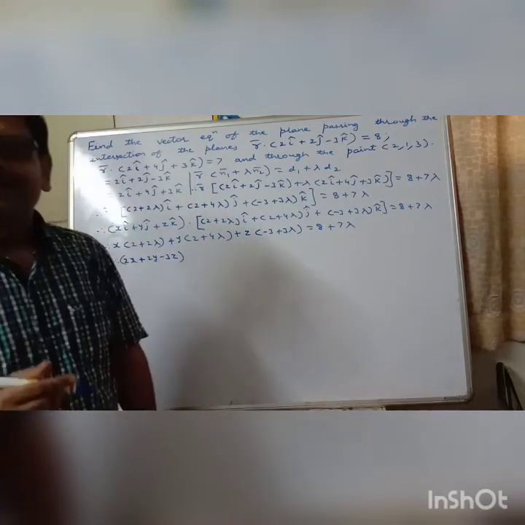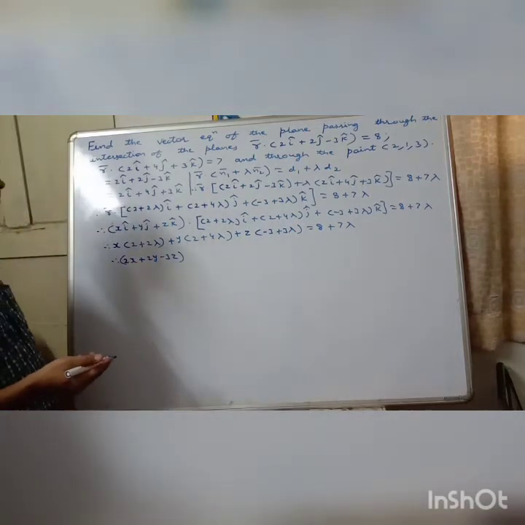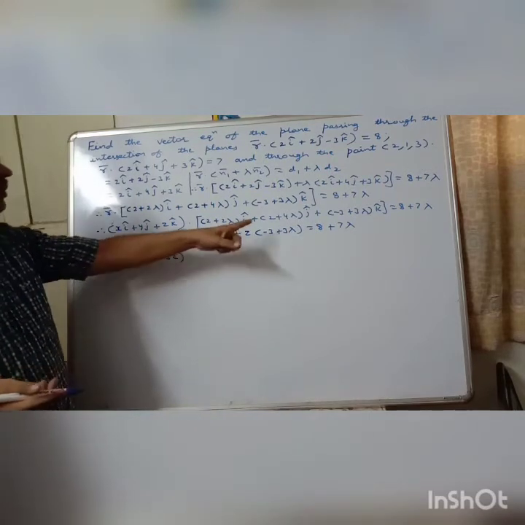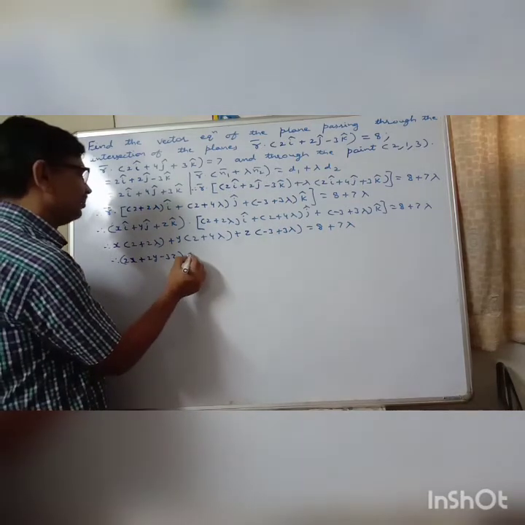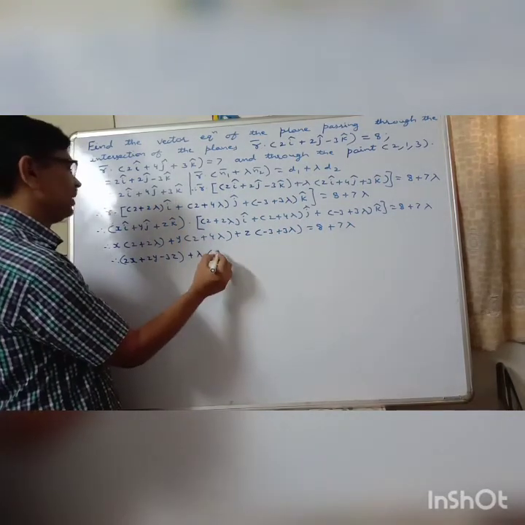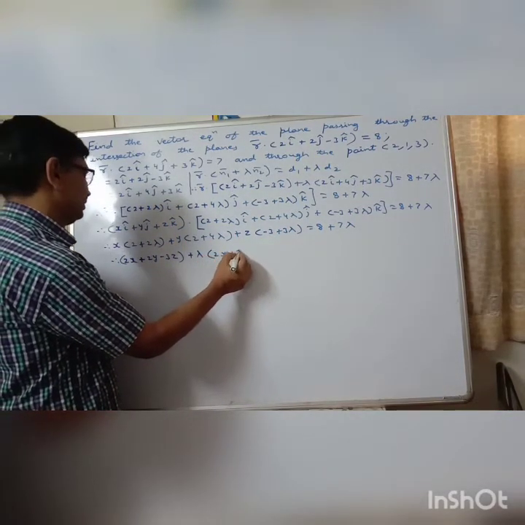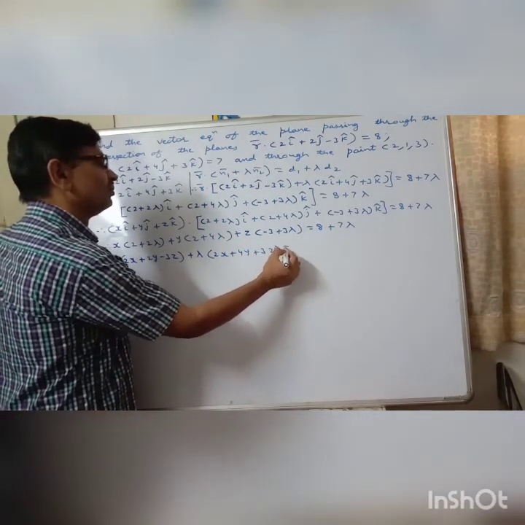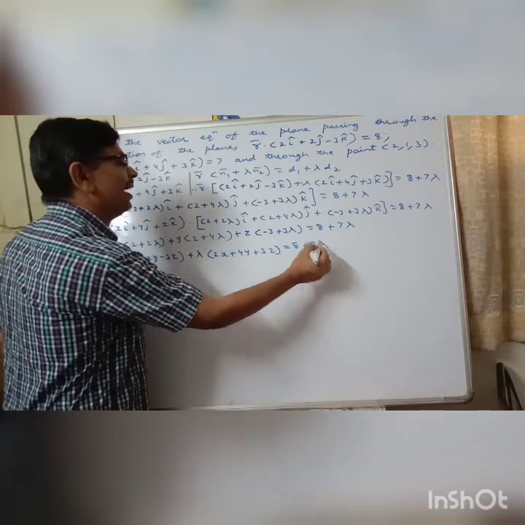After that, collect terms containing lambda: 2 lambda x plus 4 lambda y plus 3 lambda z. Take lambda common. In bracket we get 2x plus 4y plus 3z. Right hand side as it is.